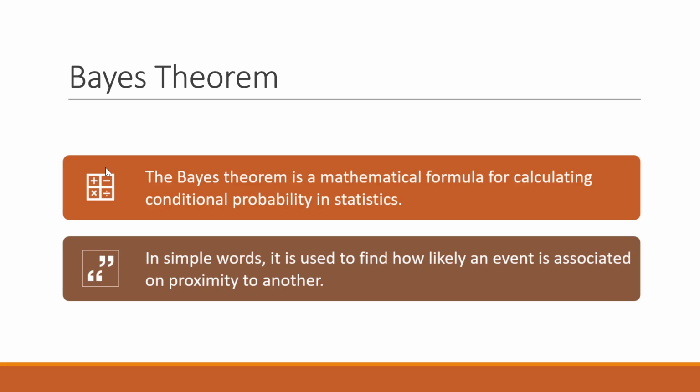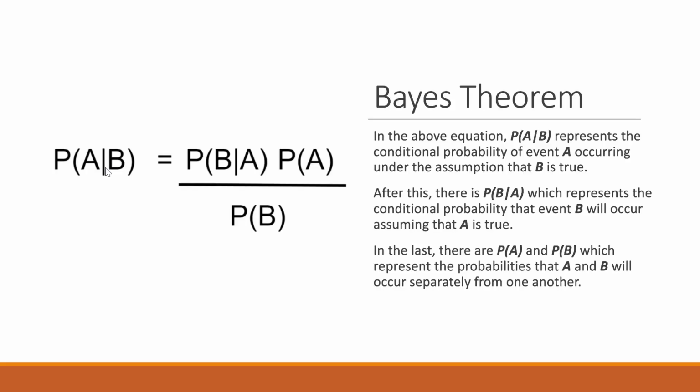Now if I talk about Bayes theorem, it is a mathematical formula for calculating conditional probability in statistics. In simple words, it is used to find how likely an event is associated with proximity to another. Moreover, this theorem is also known as Bayes law, and it is even recognized as Bayes rule. Now on the screen you can see the formula of Bayes theorem. In this formula, P(A|B) represents the conditional probability of event A occurring under the assumption that B is true.